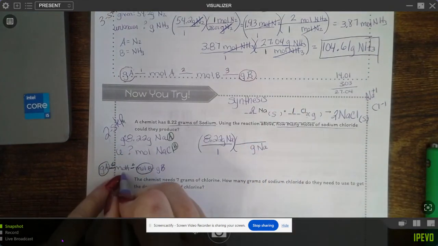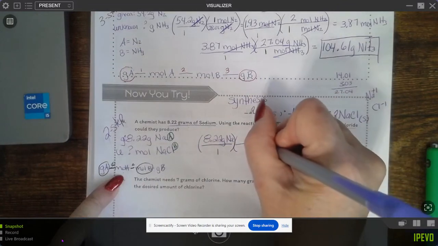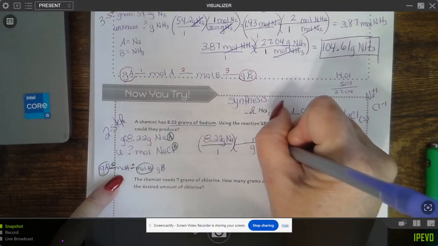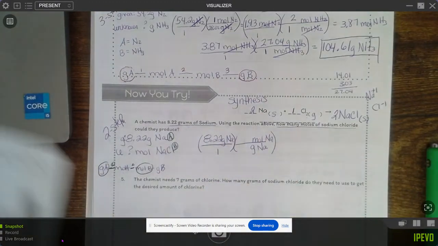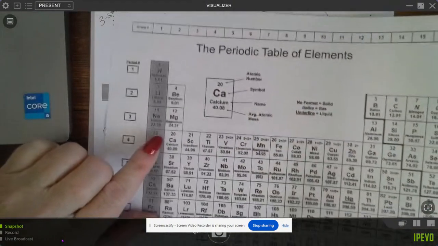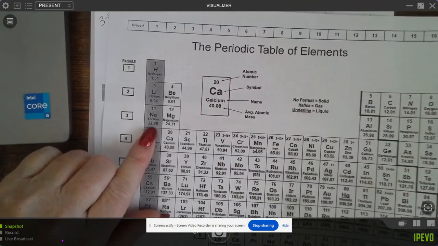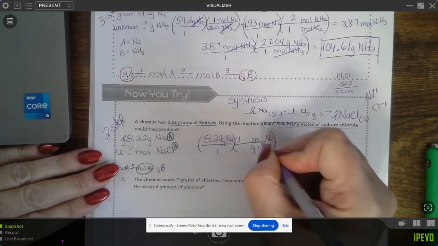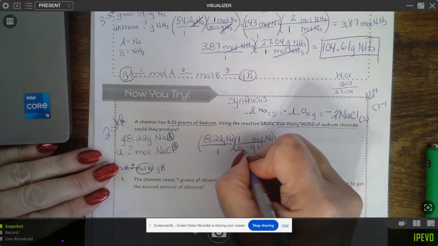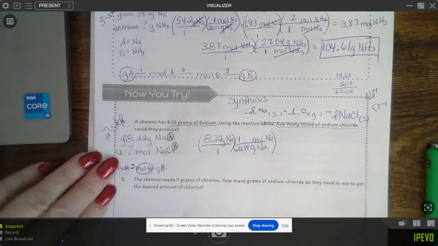And we're going to moles of sodium, so moles of sodium is going to go on the top. This is the molar mass. For grams of sodium, we have to look at our periodic table: 22.99. So 1 mole of sodium has a mass of 22.99 grams.